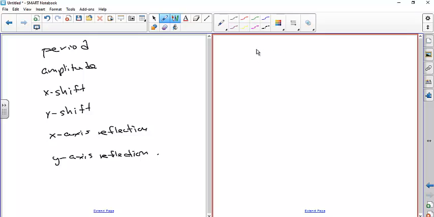So I'm just going to give you some examples here, what you might see. 2 sine of x over 2. So that has 2 things happening to it. The amplitude is 2. The period is 2 pi divided by this, which is a half. 2 pi divided by a half, which is 4 pi.